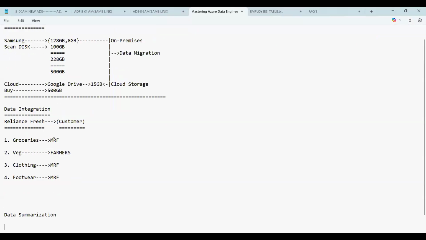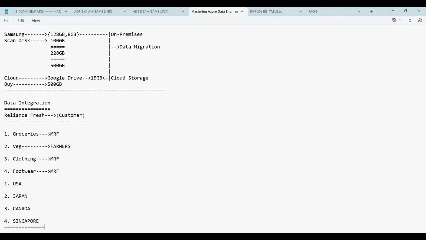If the same thing is applied to data, that means one data set is available in the USA, another in Japan, the next in Canada, and then another in some other place, Singapore, etc. So the data is available in various places.